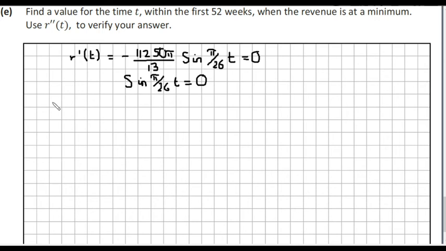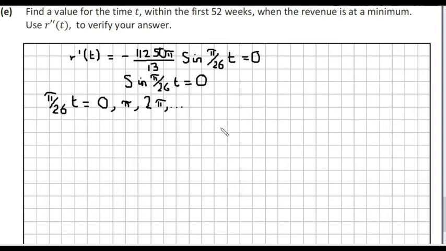So pi over 26 t can equal 0, or pi, or 2 pi, a multiple of pi.